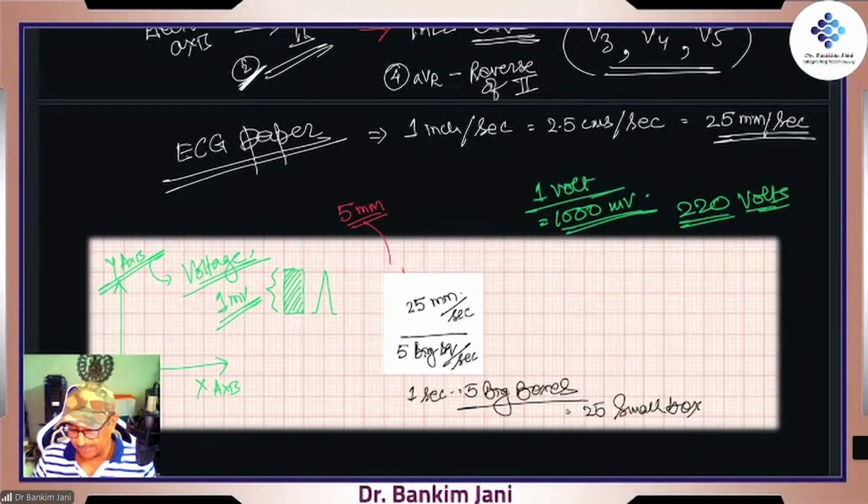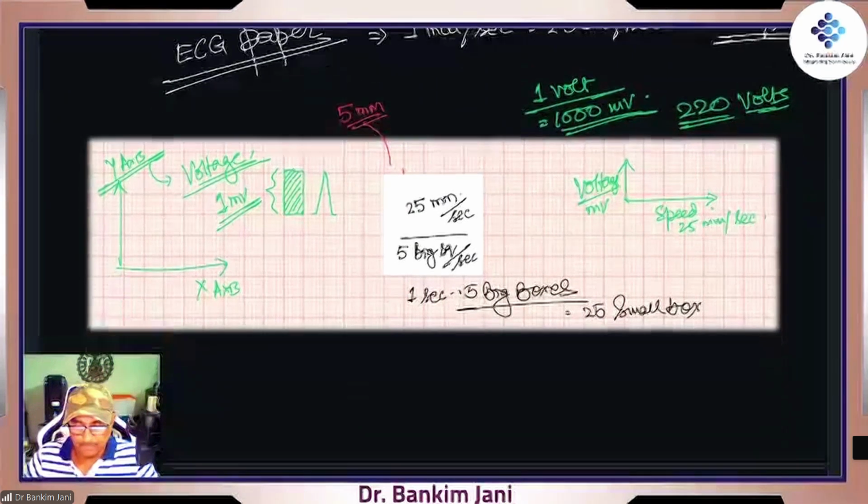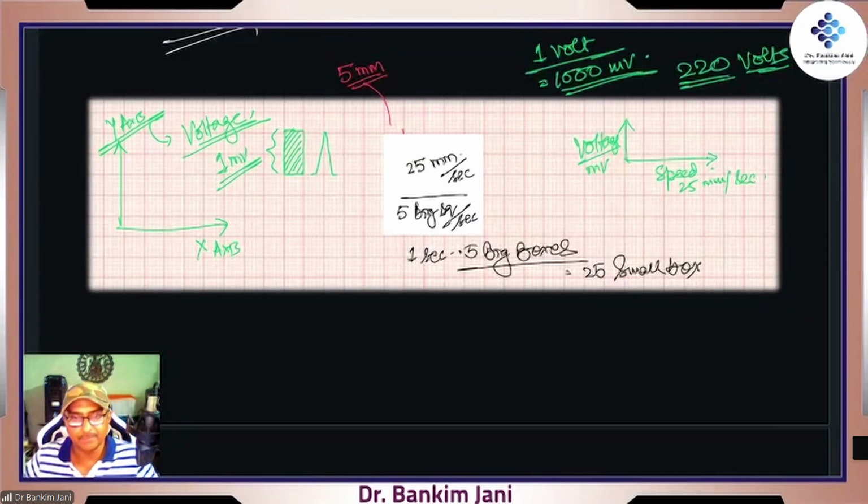So ECG is nothing but, on the y-axis, voltage which is in millivolts, and on the x-axis, it is the speed, which is 25 millimeters per second. So far all good?